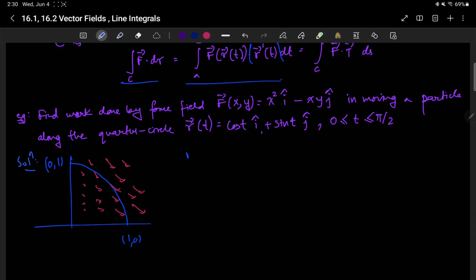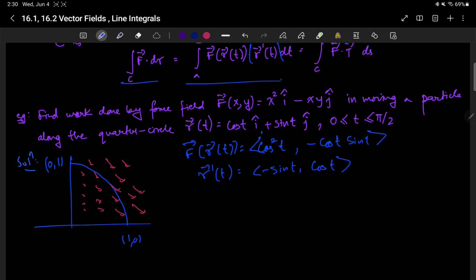Right, so we have F of r(t) is going to be cosine squared t and negative cosine t sine t. And r prime t is negative sine t, cosine t.